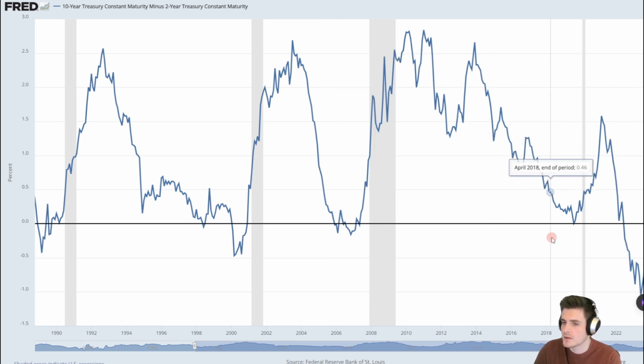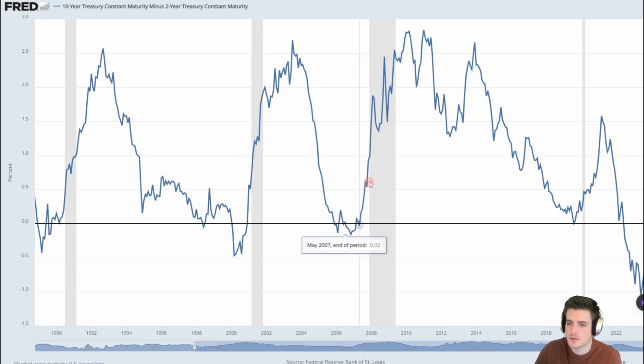And when does the recession often kick in? Well, when this yield spread breaks back above zero. And here you can see about 0.5, here at 0.9, and during the COVID dip already at 0.3.